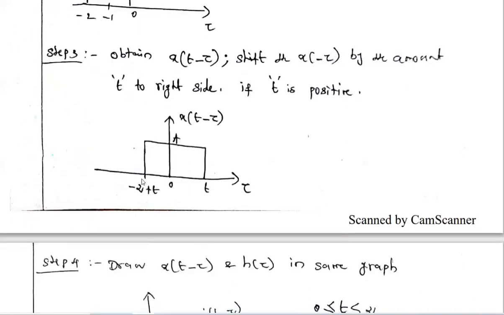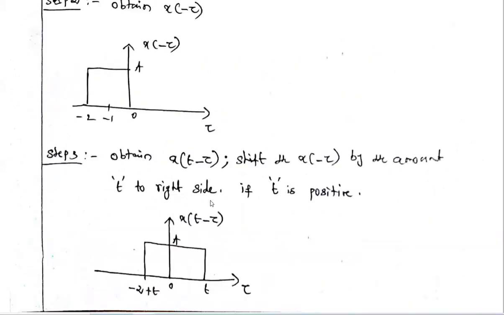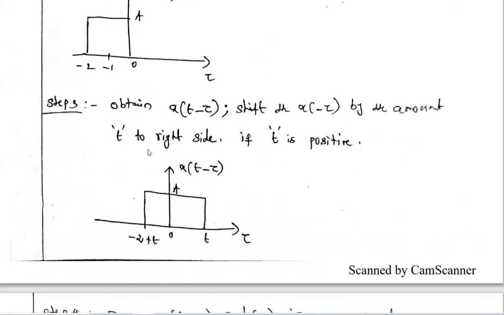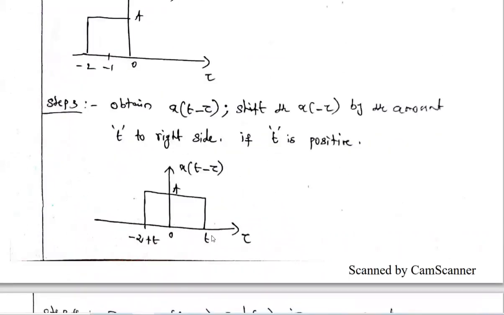The width of this rectangular pulse is not changing. Check the width by subtracting these two values: -2 plus t minus t, so the value is 2 only. So the width is 2 only. You have to shift this rectangular pulse to the right side by t seconds, and we get the graph like this.